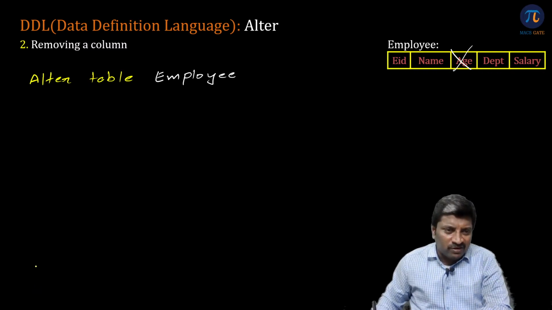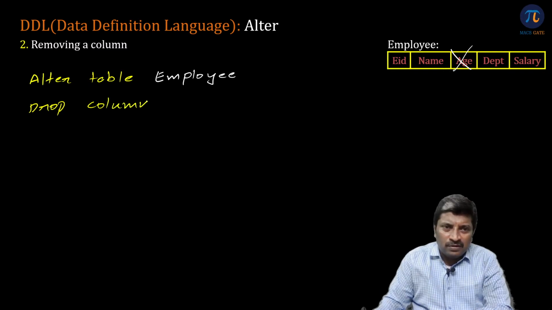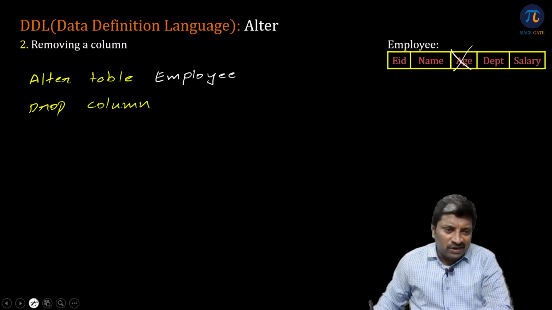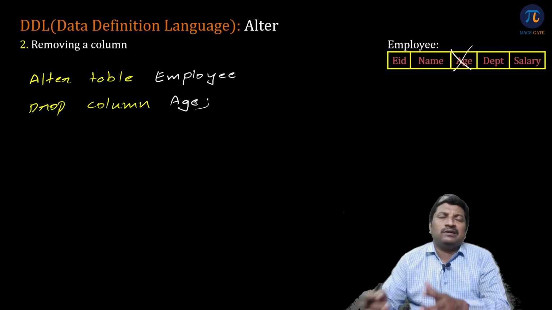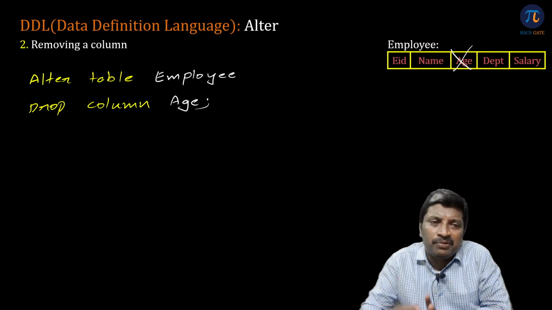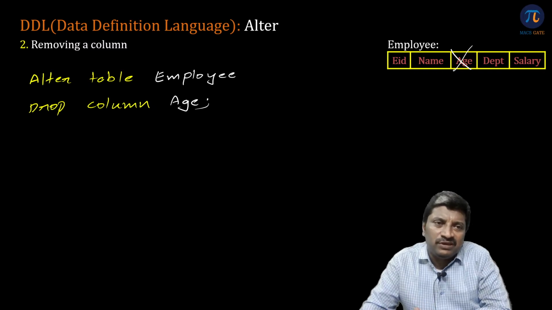You want to drop one column or you want to delete. So drop is the keyword, sir. Drop column. What is the column name, sir? Age. Alter table name, drop column name. So this is the way we can remove a column from the existing relation.